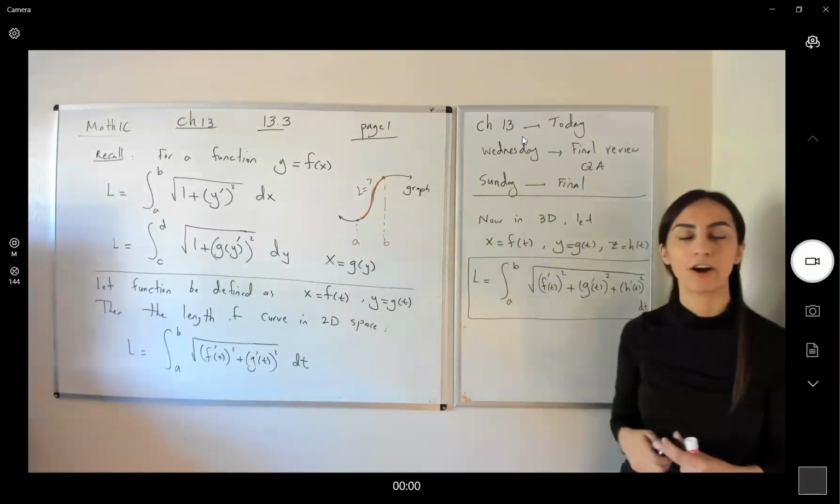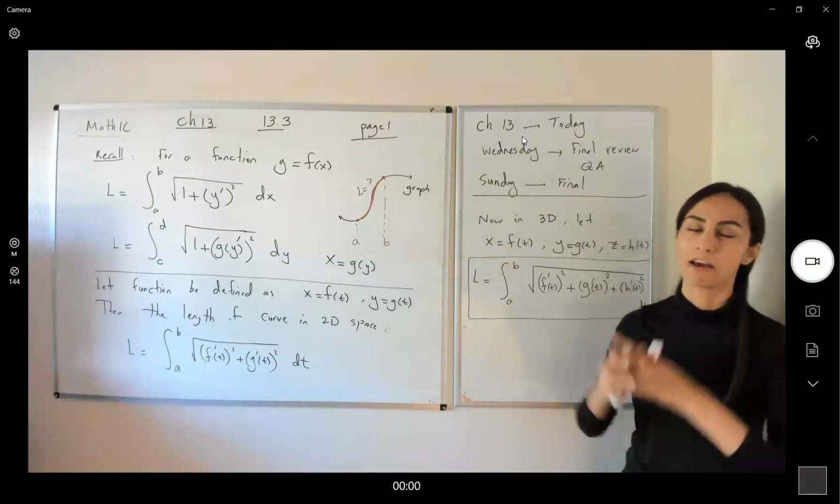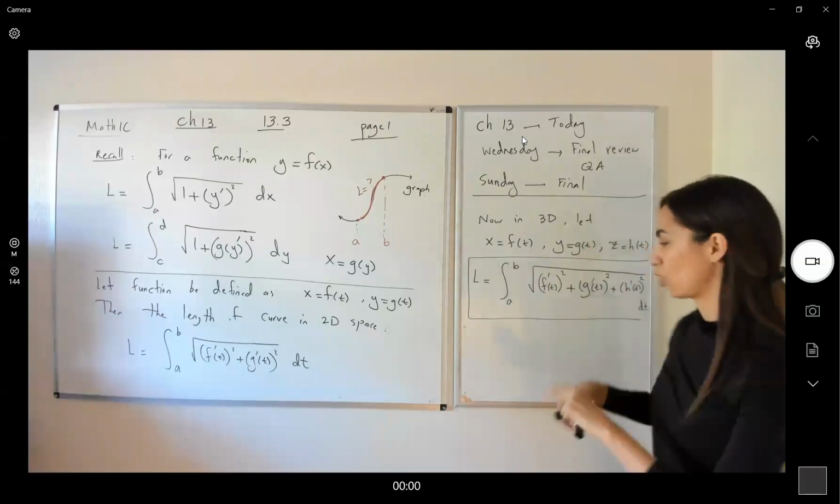And we can generalize the idea to four-dimensional space, five-dimensional space, and so on.